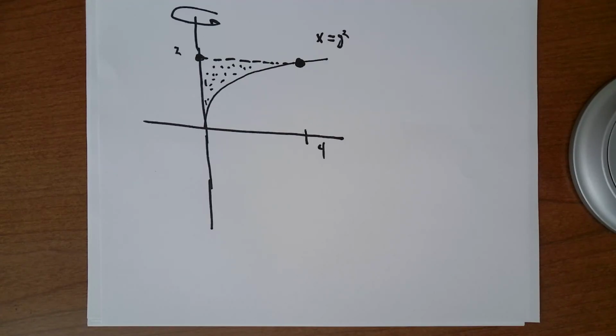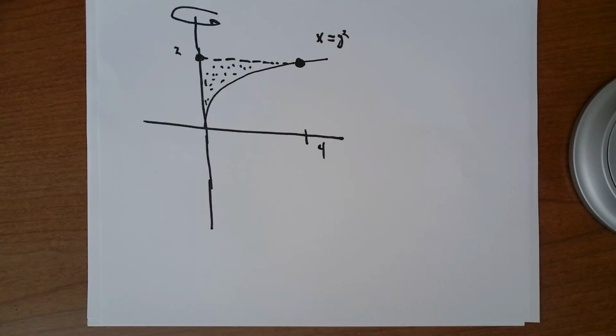I want to think about the graph of x equals y squared in the first quadrant. Of course, this is the same as y equals square root of x, but I'm going to leave it like this. I'm going to look at the range of y values from 0 to 2, which makes the x range 0 to 4.